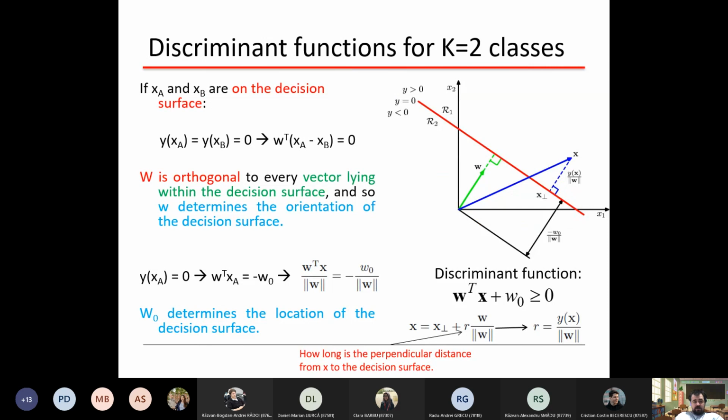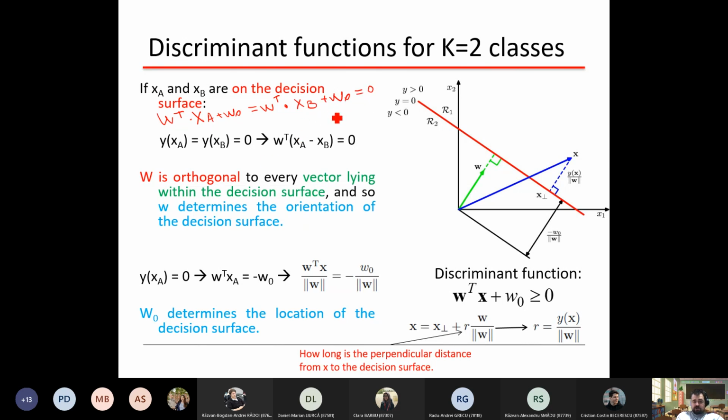And now let's suppose that we have 2 points, xa and xb, that are especially on the surface. So it means that if they are on the surface, y of xa equals to y of xb equals to 0. So that translates to the fact that W transpose multiplied by xa plus W0 equals to W transposed multiplied by xb plus W0, and this equals to 0.